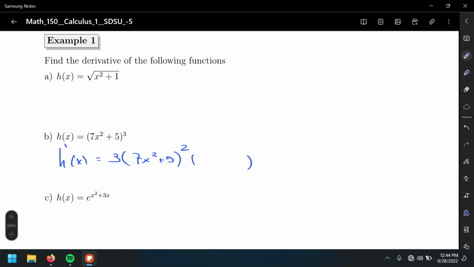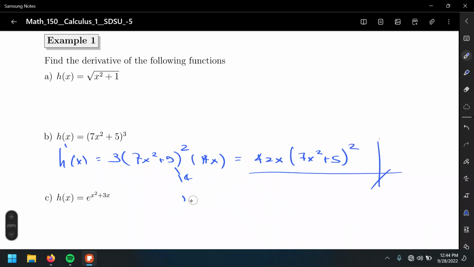What's the derivative of the inner function? 14x. We're done with the calculus. Let's simplify this using our algebra. So 14 times 3, that's 42, so that's 42x times (7x squared plus 5) squared. Final answer.